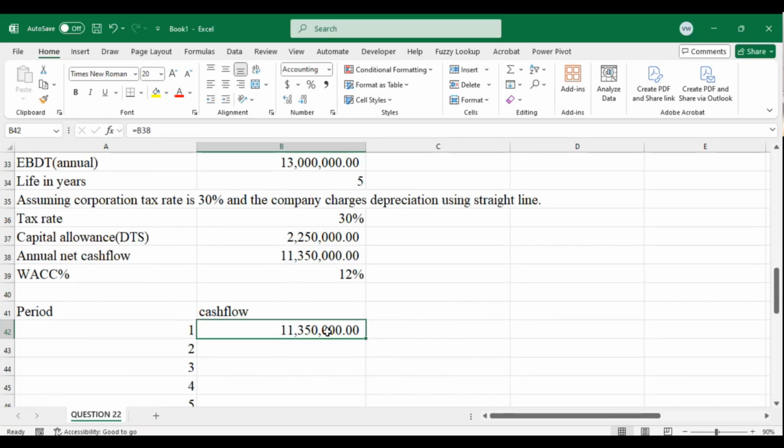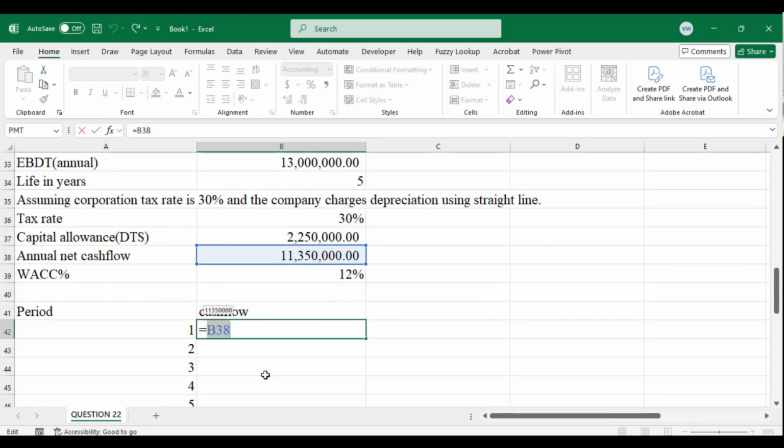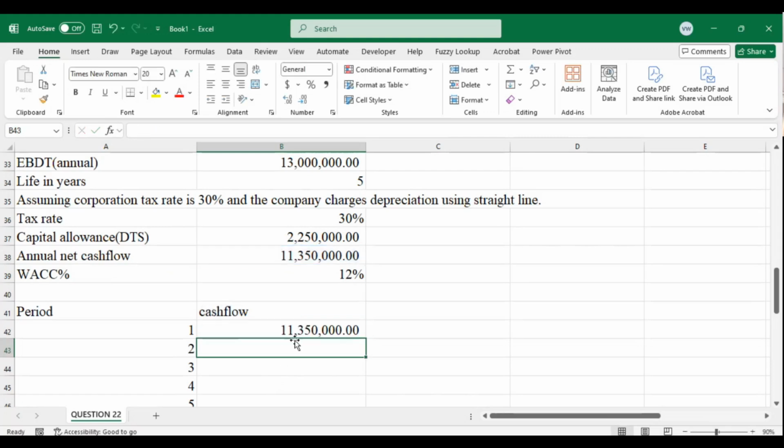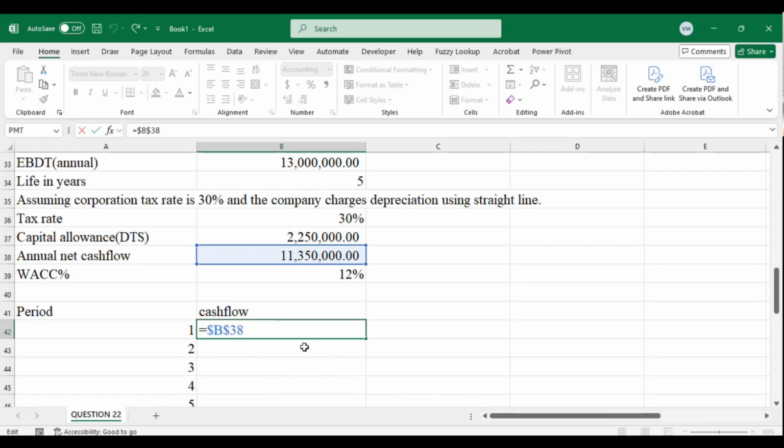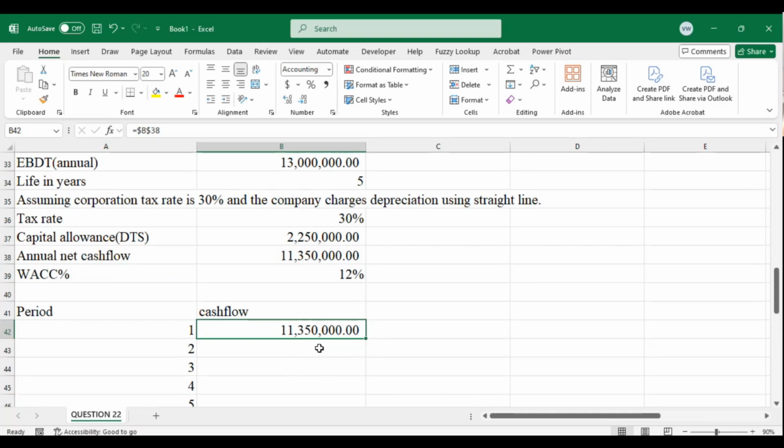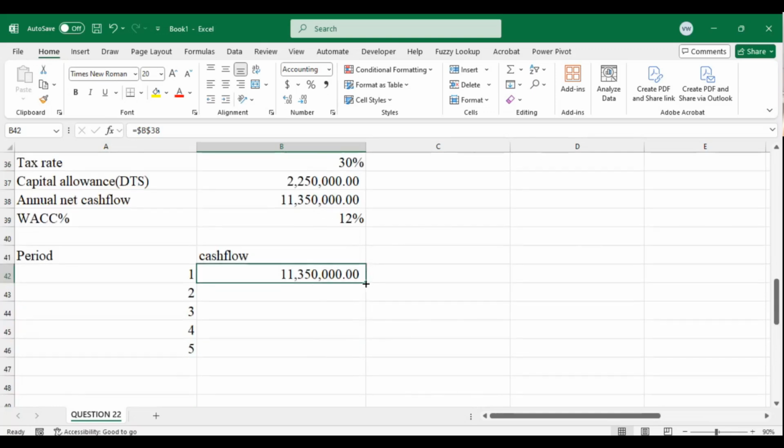So what I can do to guarantee this cash flow being constant, I can make this an absolute reference. I can reference the range of B358 and just click the $ sign, F4 once. So that now I've made this to be an absolute reference. The reason for making this an absolute reference is because I'm trying to avoid a problem here. This is the problem I'm trying to avoid. Let me just emphasize why making this an absolute reference is very important.